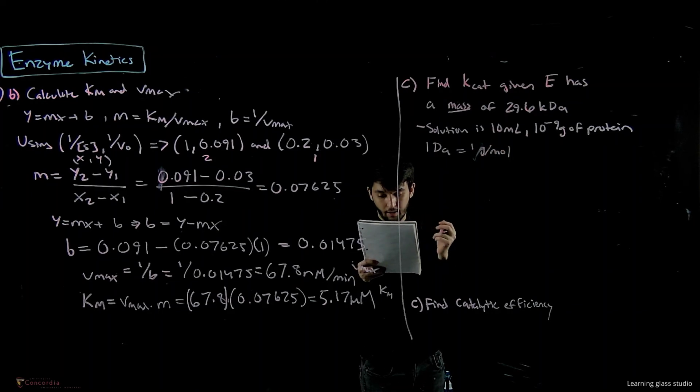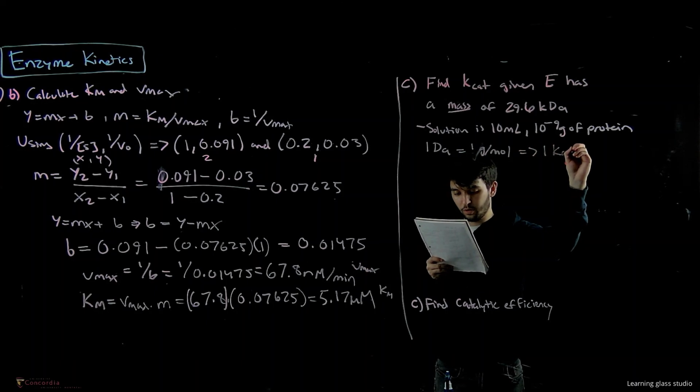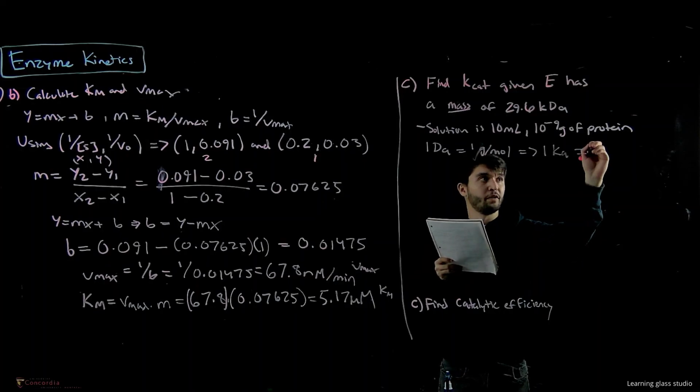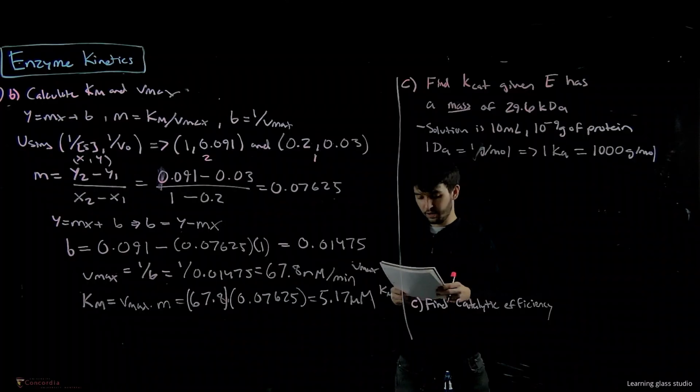So 1 kilodalton is equal to 1,000 grams per mole. This is just our conversion factor that we're going to be using.